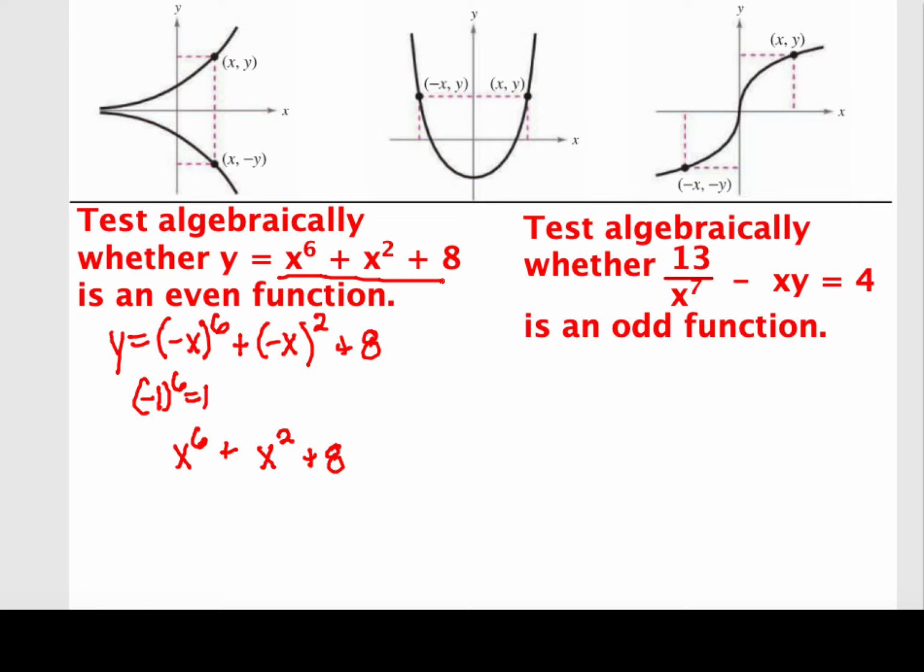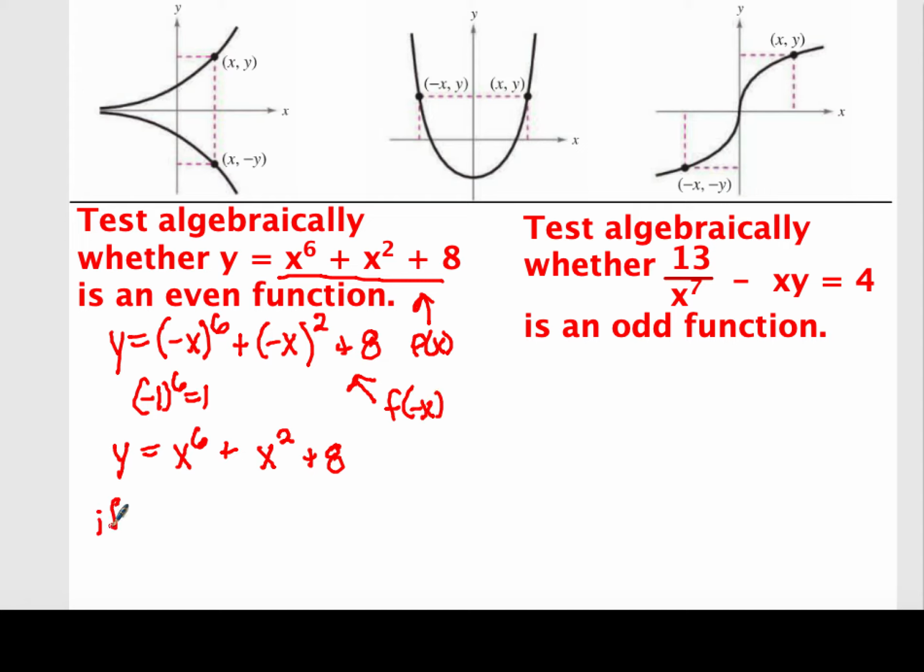So what we can say is that equaled y. And oftentimes we'll call this f of x at the start, and then this was f of negative x, and therefore we're saying that f of x equals f of negative x.